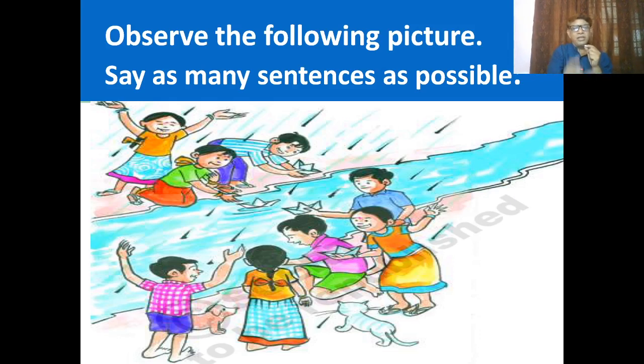All these words or phrases are ideas. Sometimes children may also say it in their mother tongue, saying that the children are floating paper boats. As a teacher we need to say, some children are floating paper boats.